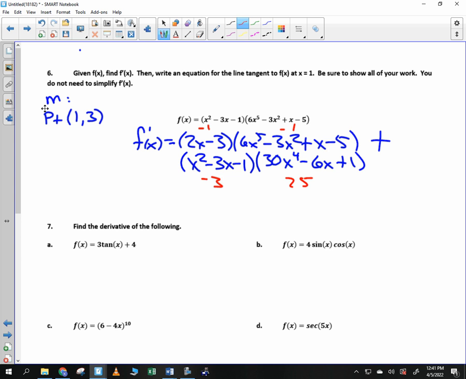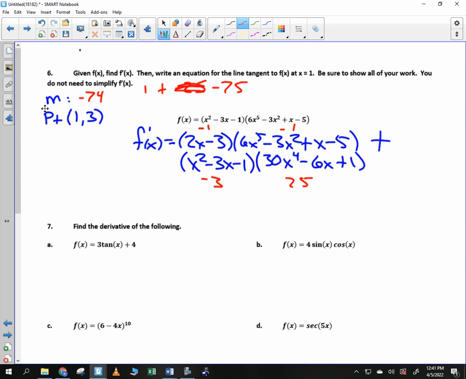Negative 1 times negative 1, plus negative 75, excuse me. So slope is negative 74. I plugged in 1 because it says the equation at 1.